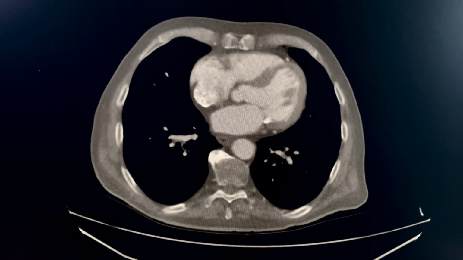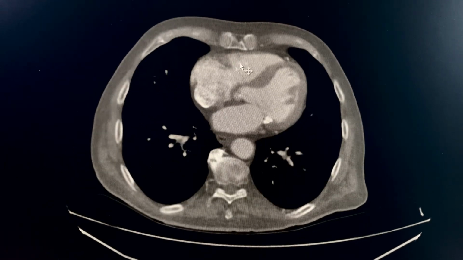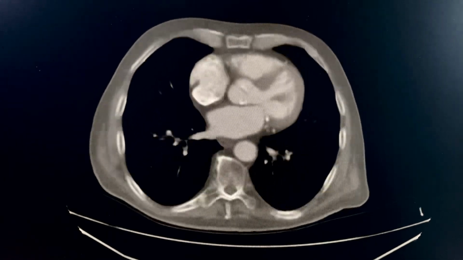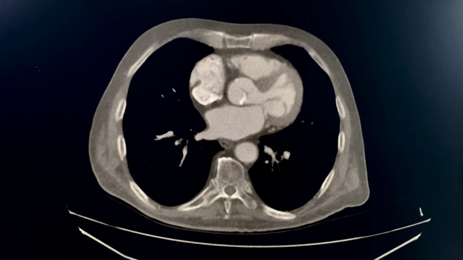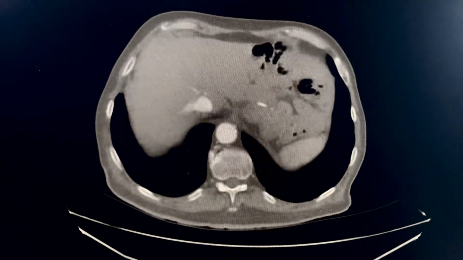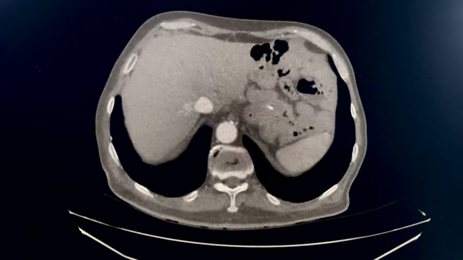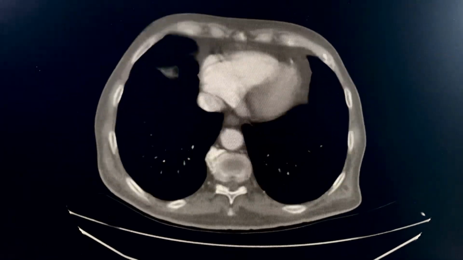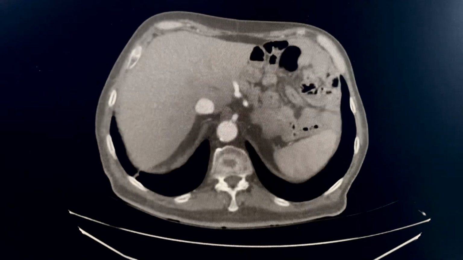And look at that right ventricle there. Look at the septum. Then you see your pulmonary artery there. And right, so this is your portal vein.